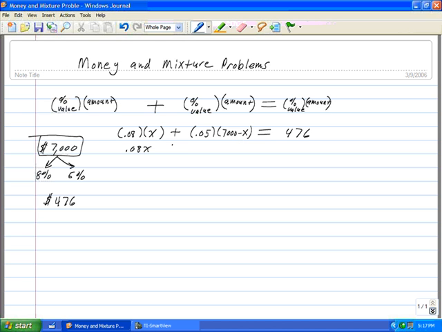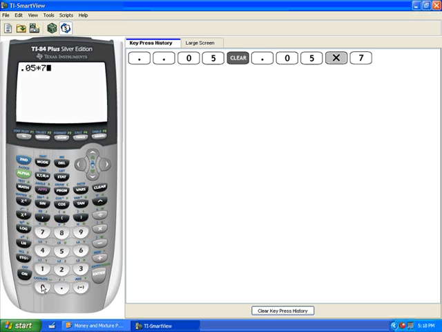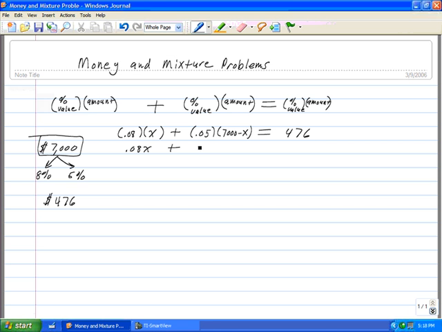So now we're ready to solve. We start multiplying. And for that multiplication, we're going to have some help from the calculator. I'm going to take 0.05 multiplied by the 7,000, and that's 350, so I can put that in.